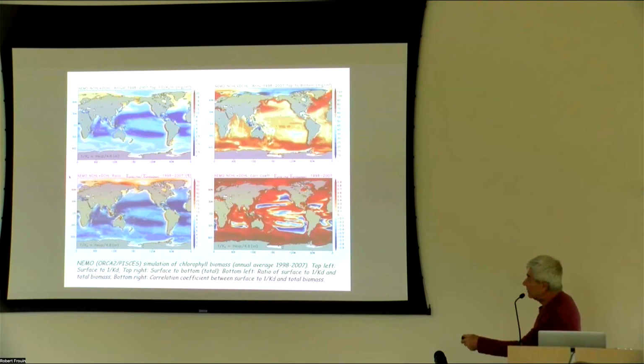And there are many regions of the ocean for which there is very little correlation between what you see at the surface and the total chlorophyll.